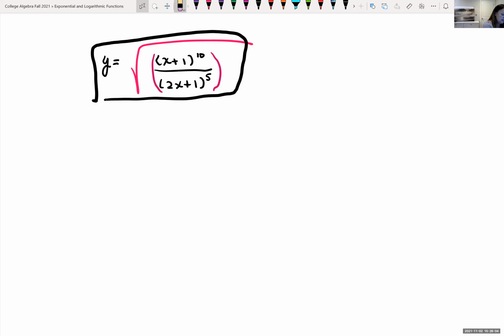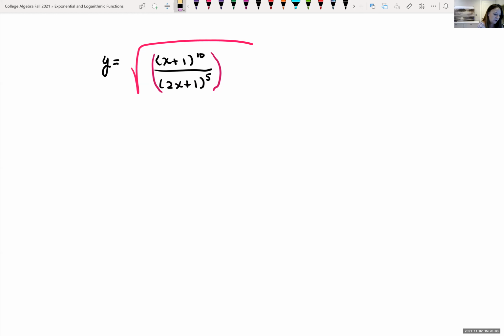So let's just say that we had this function here and let's just rewrite it. So let's say we wanted to look at the natural log of the square root of x plus 1 to the 10th all over 2x plus 1 raised to the 5th power. And let's use properties of logs to rewrite this as a sum and difference of simpler logs.